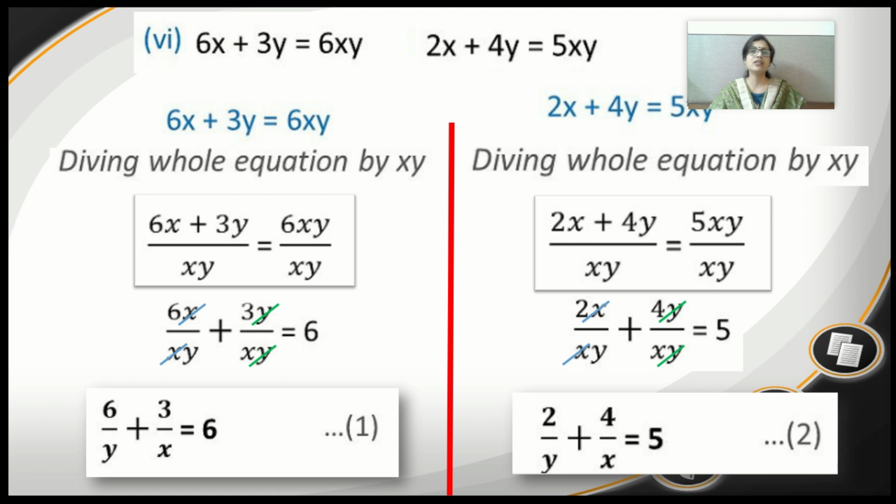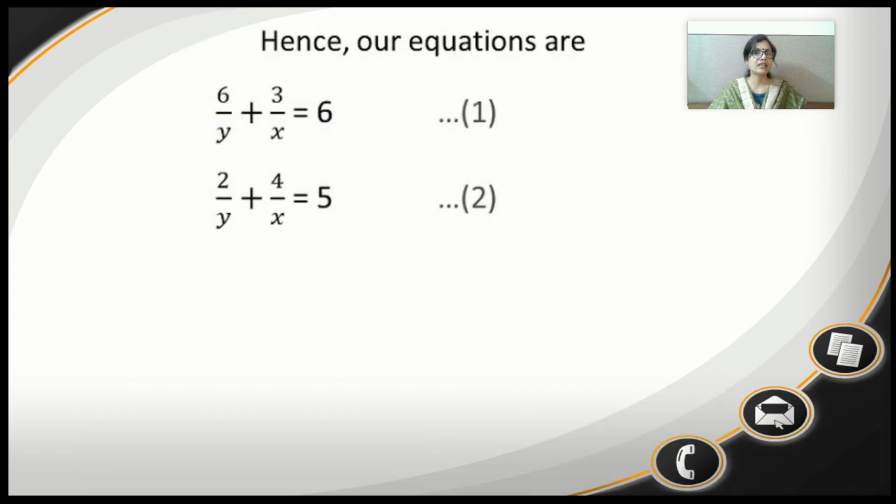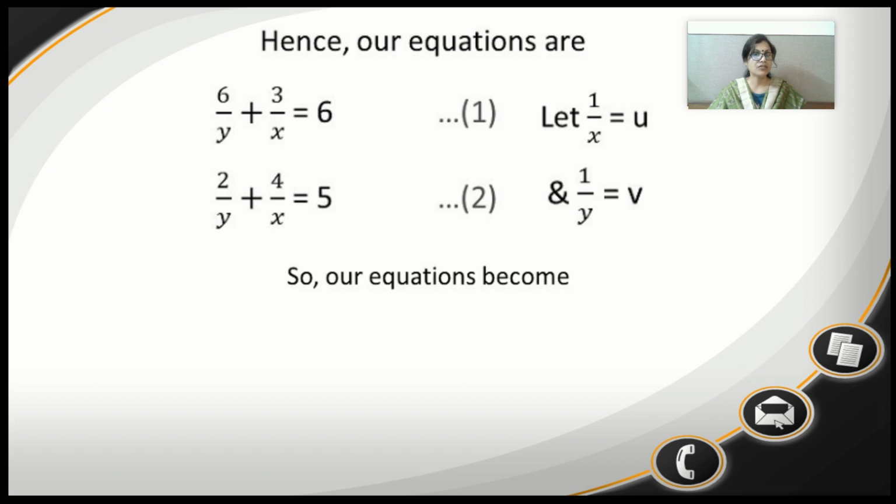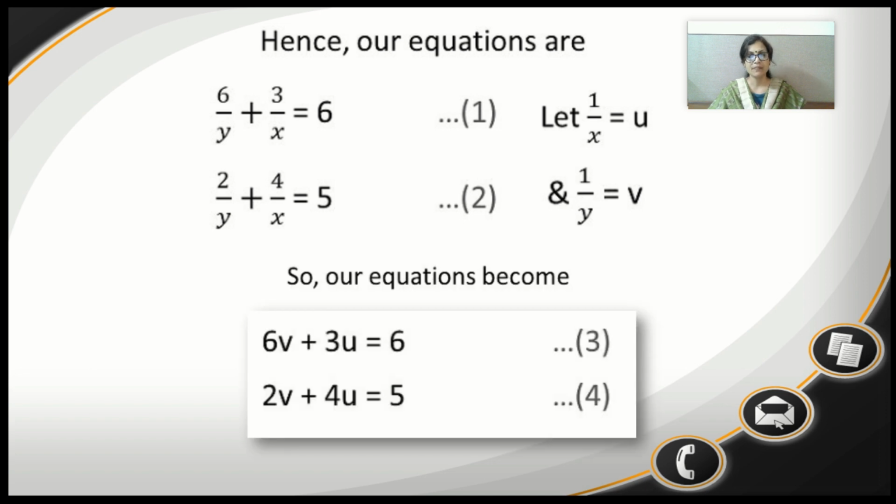So to convert this into linear equations, we will substitute 1 upon x as u and 1 upon y as v. So let's see what we get. So our new equations will be 6v plus 3u is equal to 6 and 2v plus 4u is equal to 5, and we have given the numbers as 3 and 4.